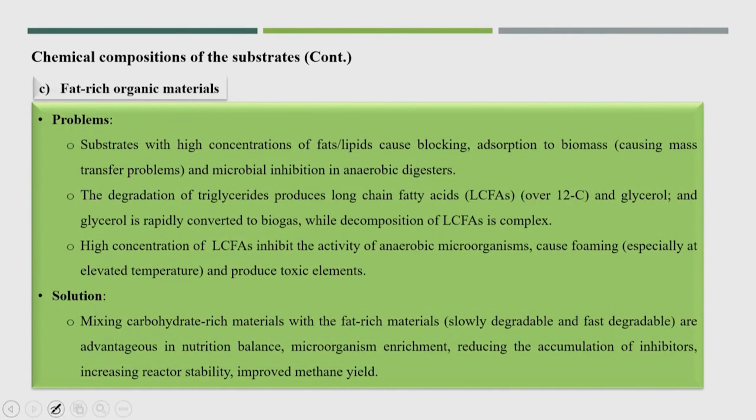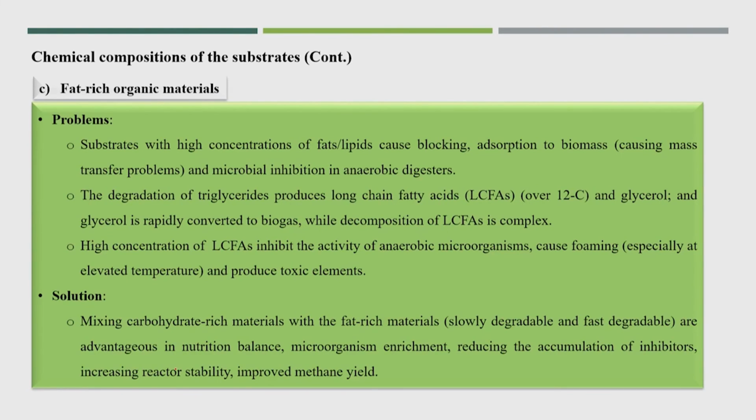So, another addition is fat rich organic materials. There could also be a high concentration of fats and lipids, which causes blocking, adsorption of biomasses, and microbial inhibition. For that, the solution is mixing carbohydrate rich material with a fat rich material, slowly degradable and fast degradable, which are advantageous in nutrient balance.